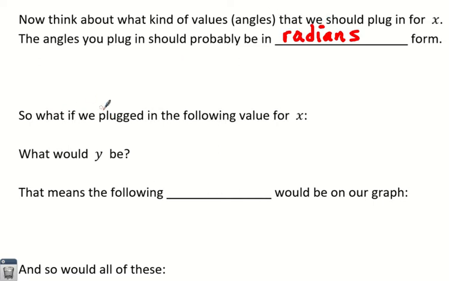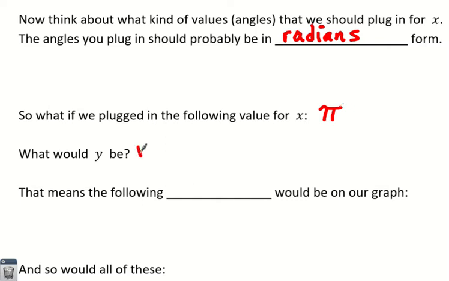So what if we plugged in the following value for x? Let's say we plugged in pi, which you should know is equivalent to 180 degrees. But what if we plugged in pi for x? What would y be?